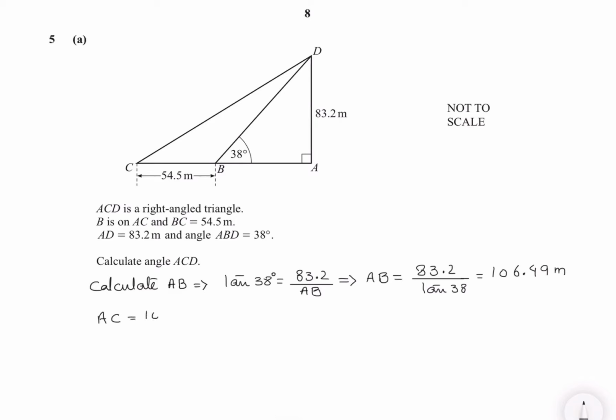Now try to find out AC. So AC is 106.49 plus 54.5. So this is your length AC, 160.99. Now you can find out angle ACD.